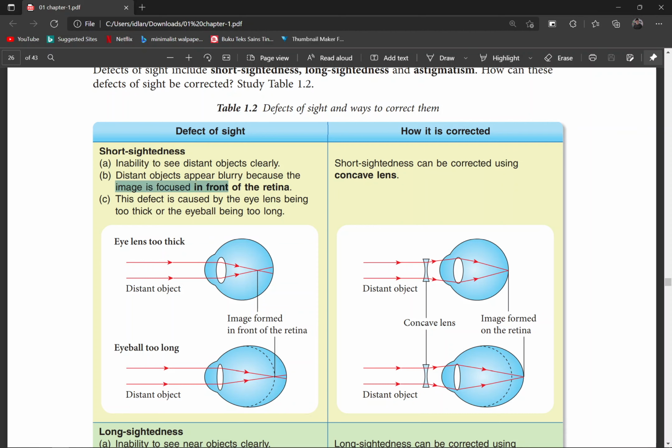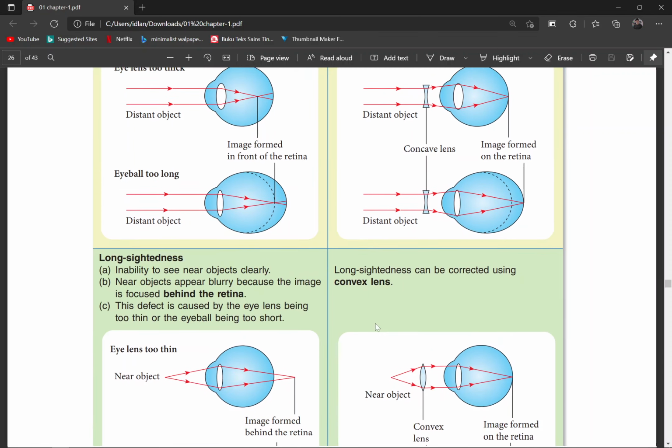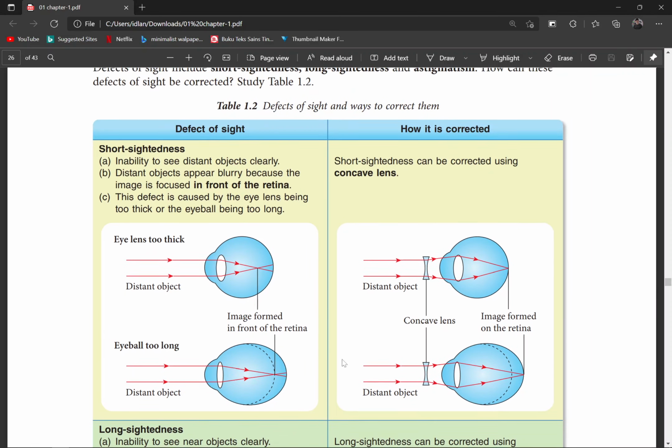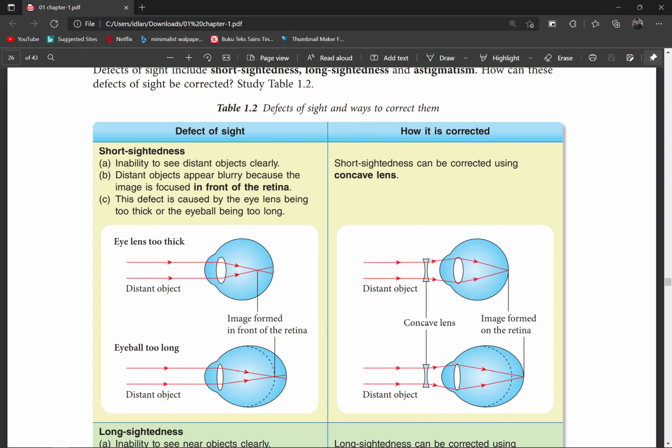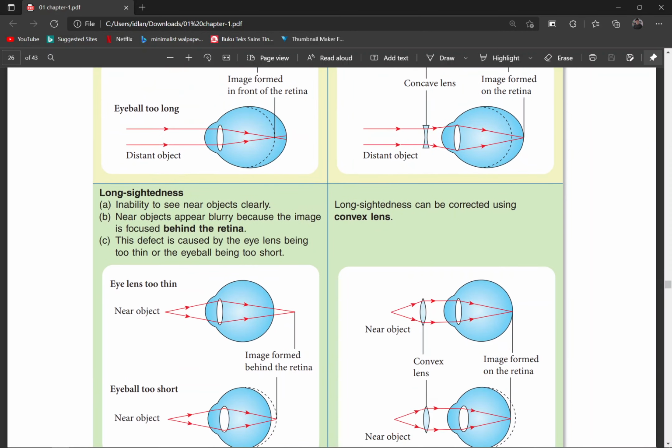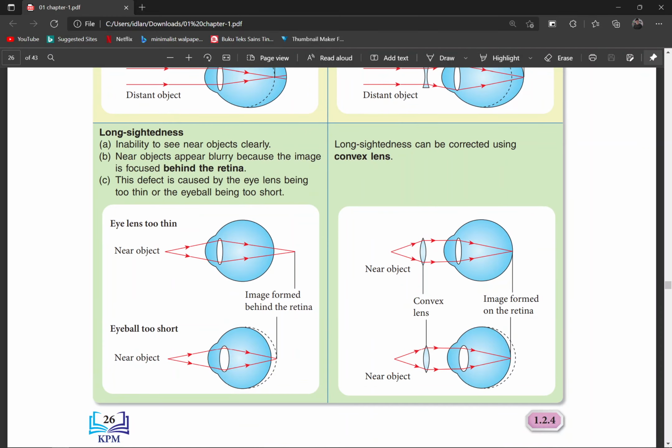Distant objects appear blurry. Lepas tu defect is caused by eye lens too thick or eyeball being too long. So nak fix macam mana? Ada satu answer which is concave lens. You can use a concave lens for this. Dia tak perlu explanation pun, awak kena just ingat how it's corrected je. Lepas tu kita ada long-sightedness.